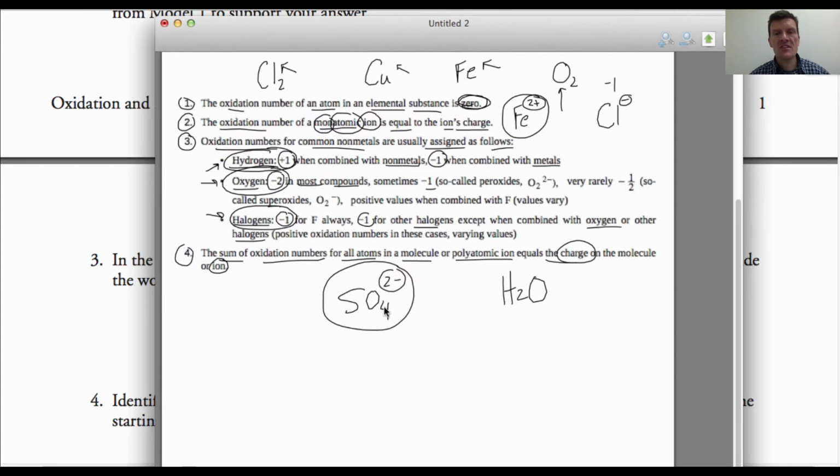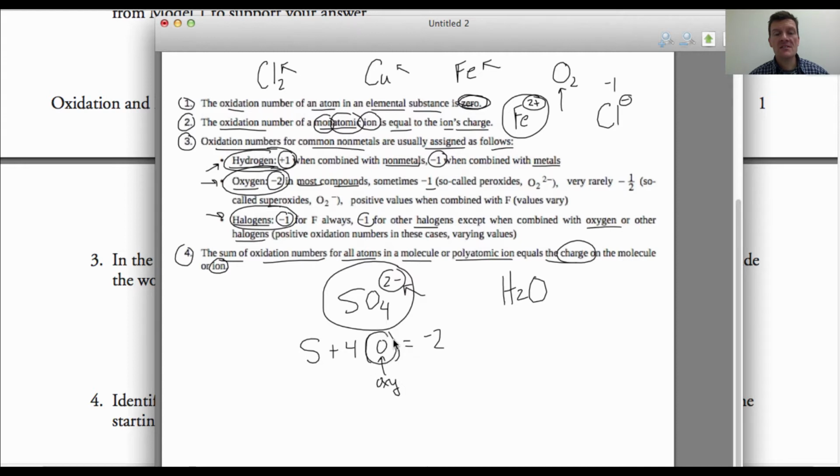This charge belongs to the entire group here, the S and the 4 O's. So the oxidation number of the S plus the oxidation number of oxygen times 4 has to equal this charge right there of -2.